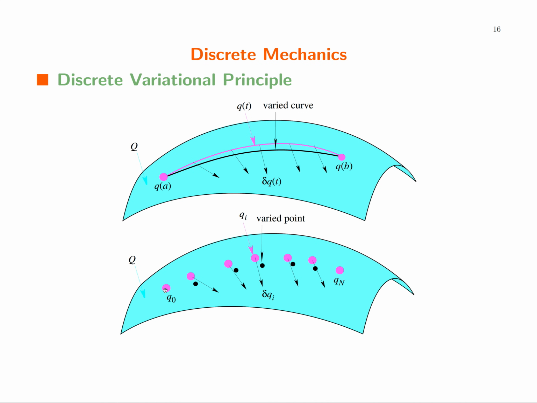So you discretize this by essentially sampling the trajectory at a bunch of points at a bunch of different times, and then you require that the discrete action sum, which is obtained by summing up the discrete Lagrangians over the sequence of pairs of points, doesn't change when you allow these points to vary slightly, subject to, again, the endpoints being fixed.